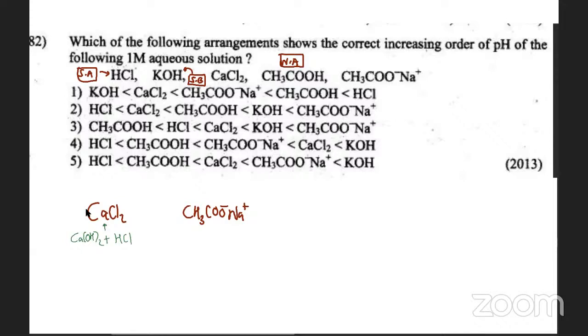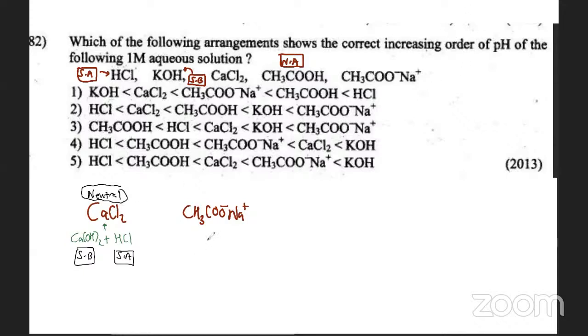Calcium hydroxide is a strong base, whereas HCl is a strong acid. So when a strong base and strong acid react, the result is going to be more or less neutral. That is how you decide. Both are strong and will neutralize each other.